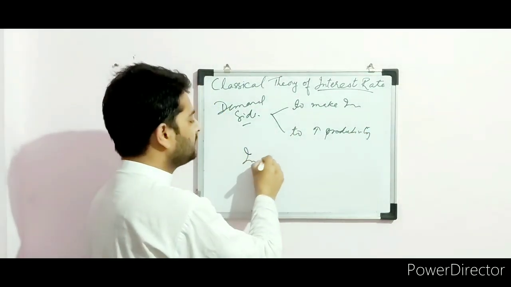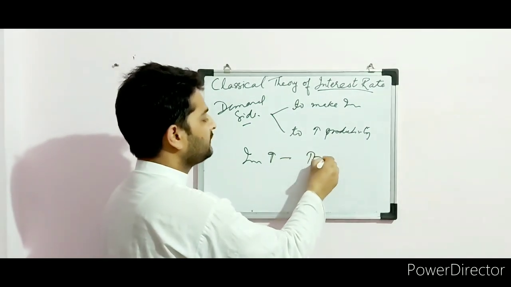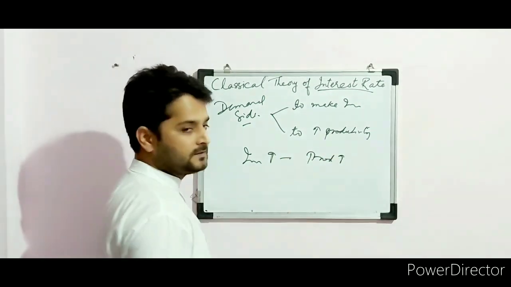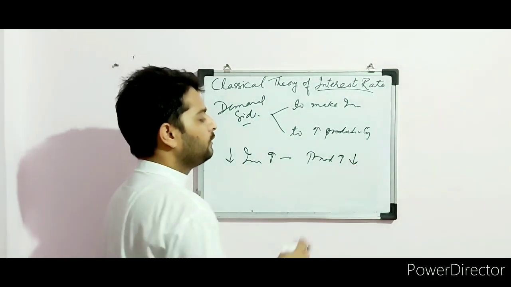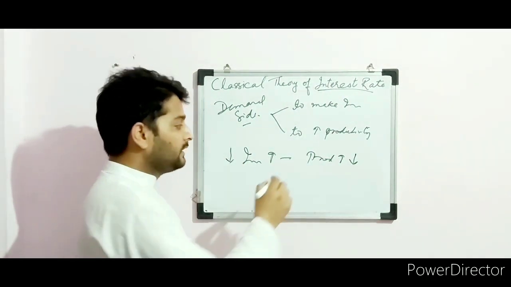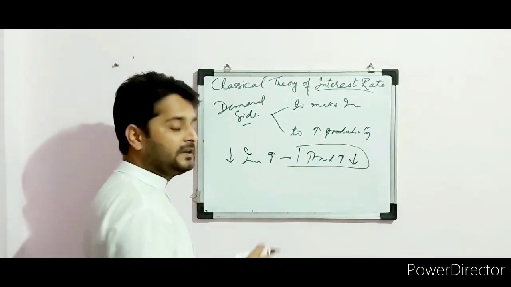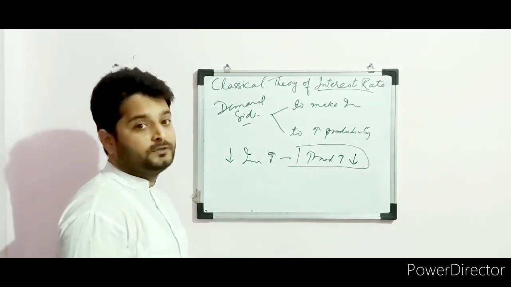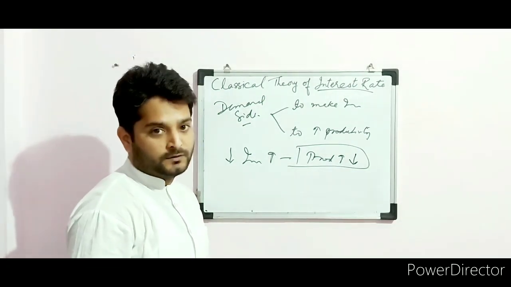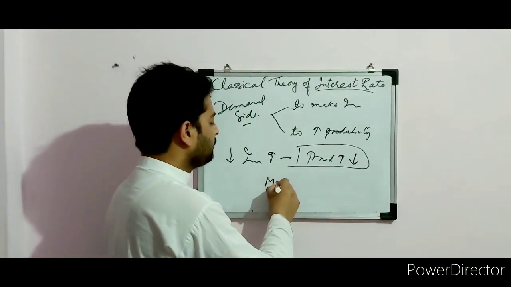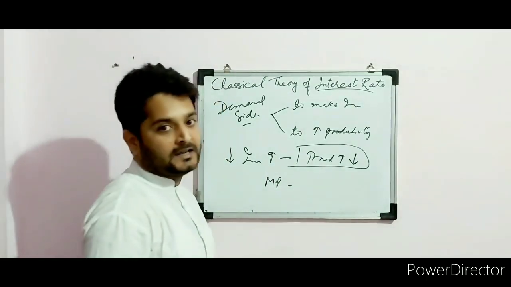If the investment increases, productivity also increases, and when the investment decreases, productivity also decreases. But the law of diminishing marginal returns applies. This means after a certain amount of investment, the marginal productivity of capital starts declining.